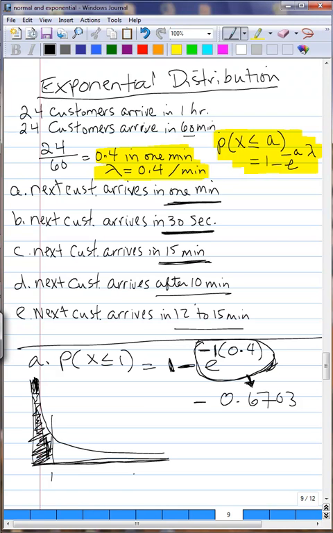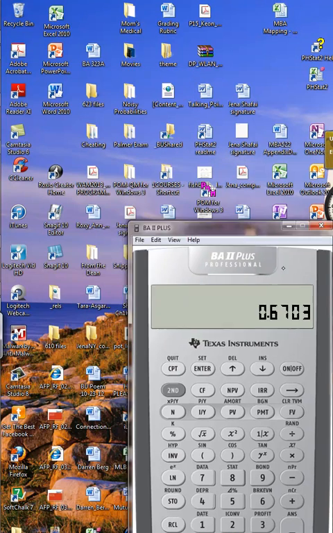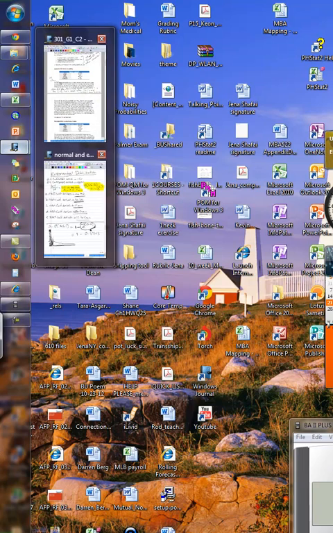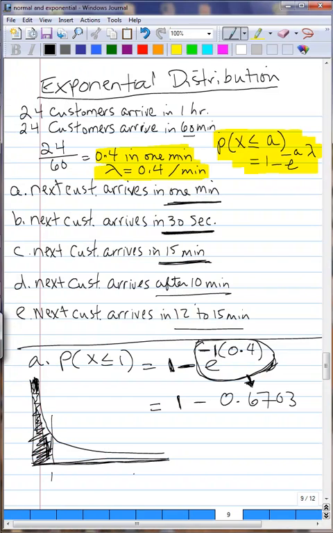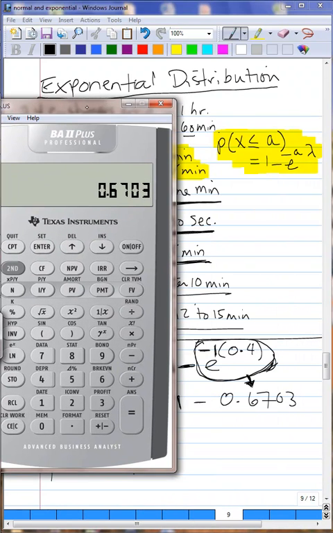Then I need to subtract that from 1. So here is my calculator again. Okay, so here's my 0.6703.